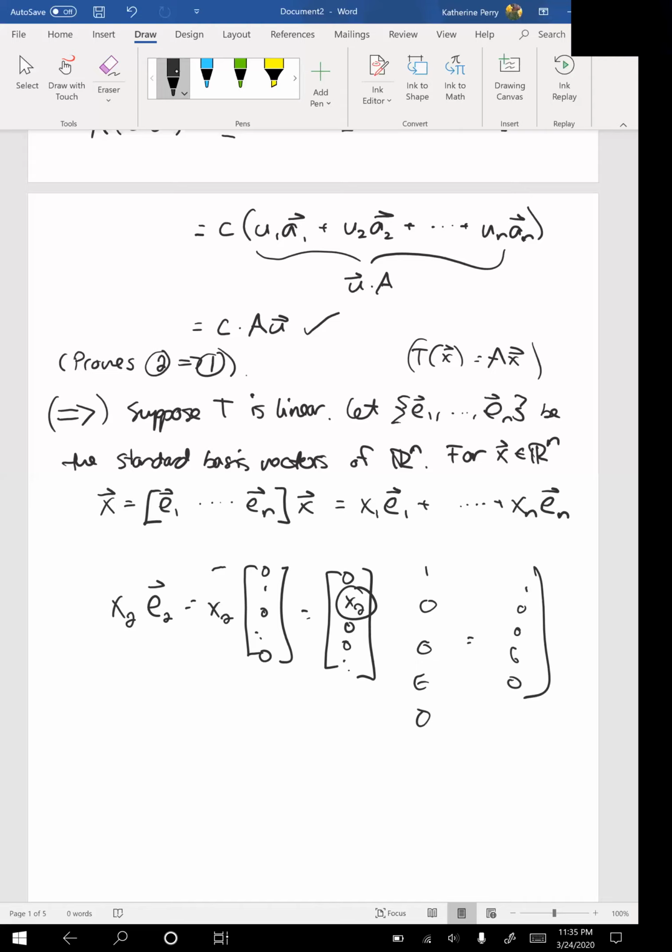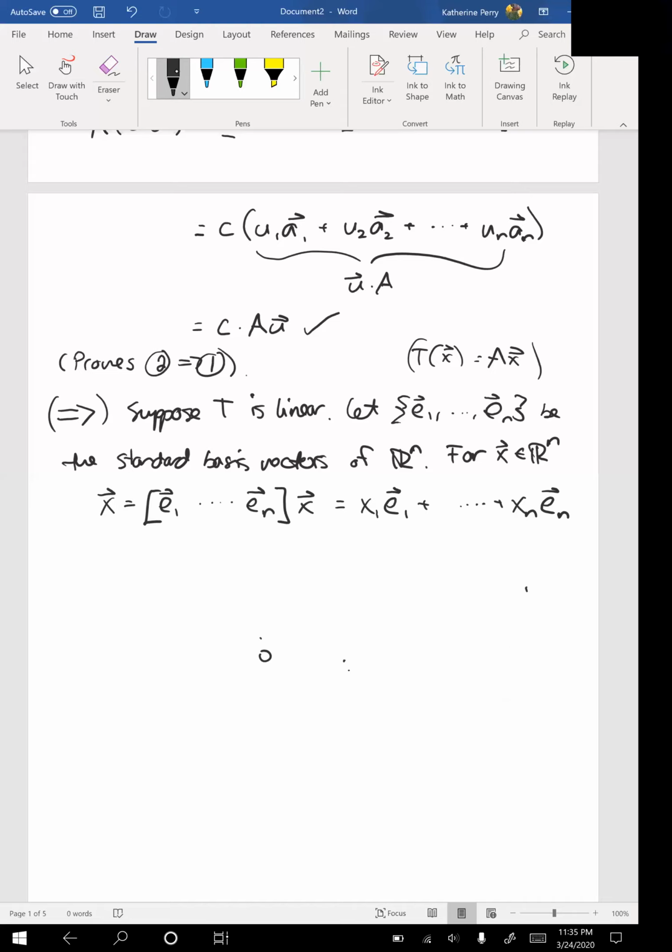Okay, so let me erase this scratch work at the bottom. All right, so let's see what happens when I have a linear transformation, and I apply that transformation to some random vector x that we now know can be written in this different form.